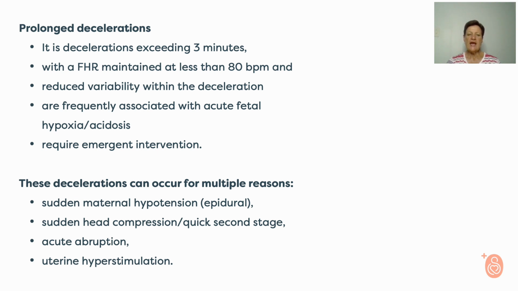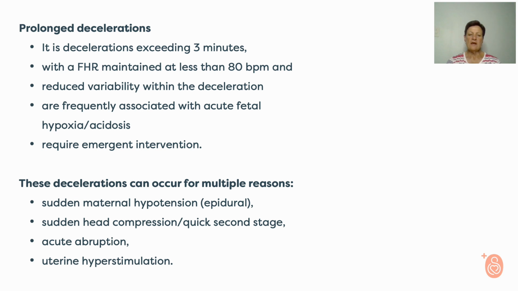And we usually have a reduced variability within the deceleration, and that is usually definitely associated with fetal hypoxia and acidosis. And this is usually a bad situation. It requires emergent intervention, and we will come to that in the next lesson when we talk about hypoxia.